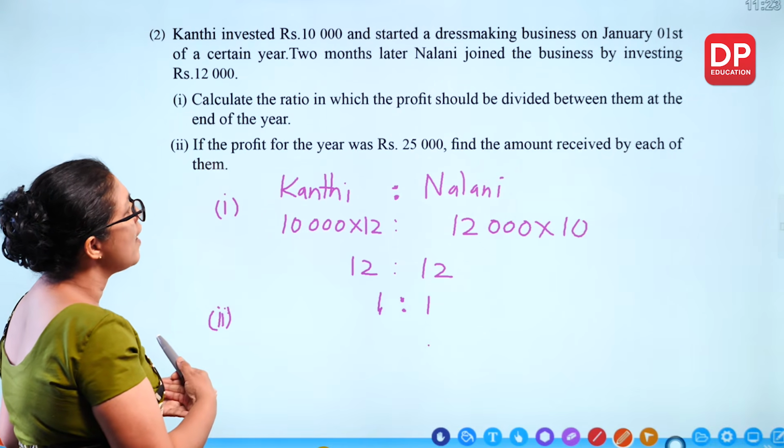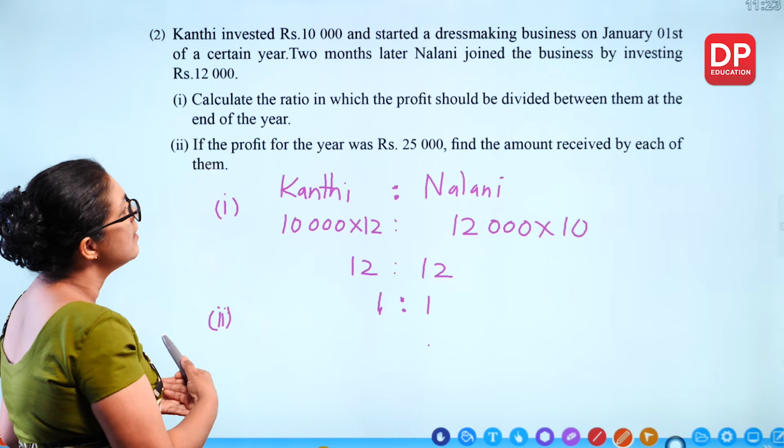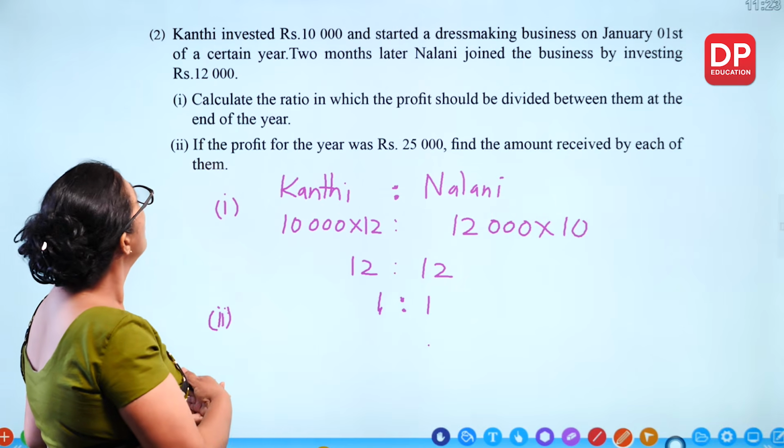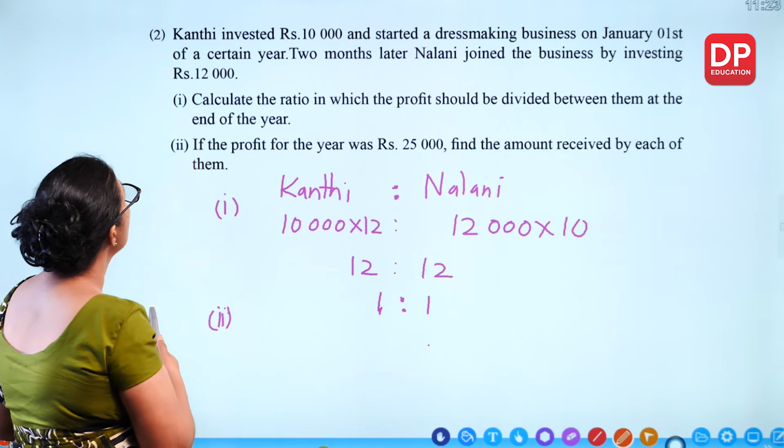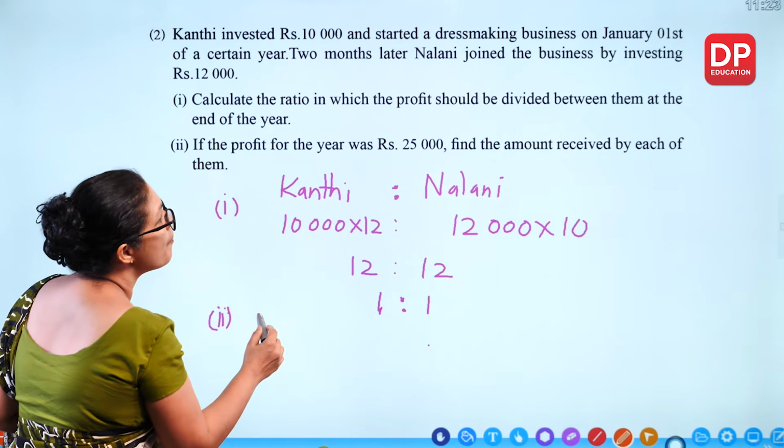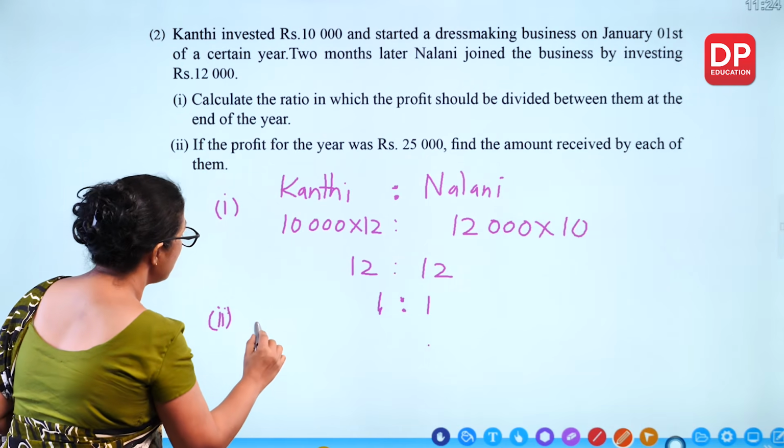So 12,500 for Kanti and 12,500 for Nalini. So you can do profit for Kanti.